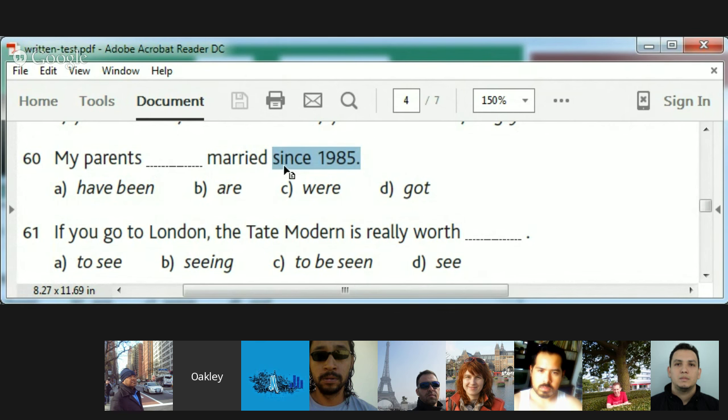Since here means since 1985 until now. So there is a direct relationship to now. Started then, continues until now, plus we're using present perfect. There's an indication or an inference that that verb could continue in the future. There's at least a possibility it will continue in the future.